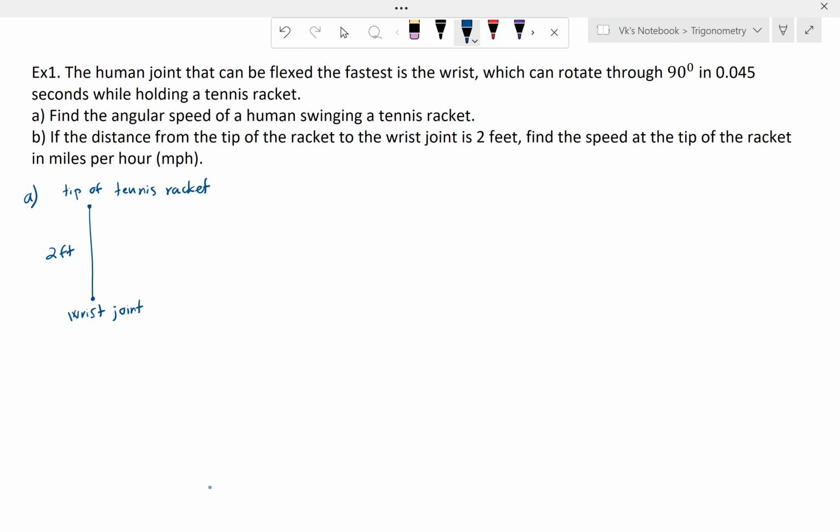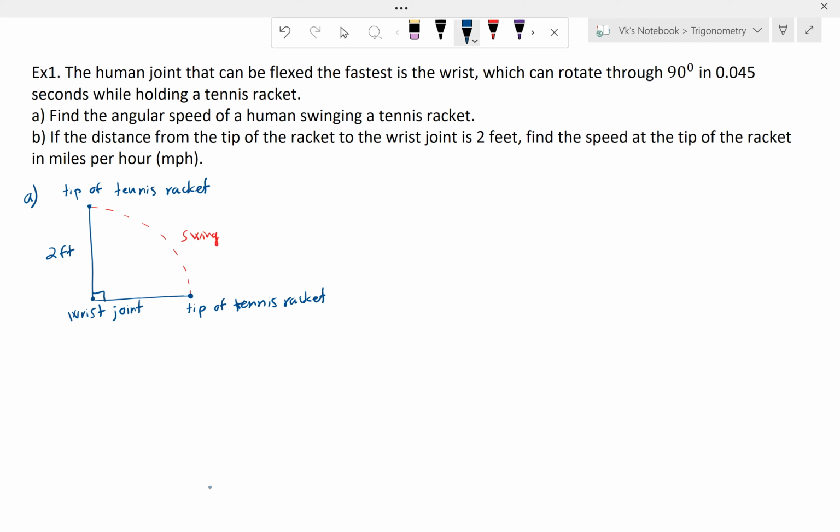When we do a swing, a 90-degree angle swing, then this would also be the tip of the racket.